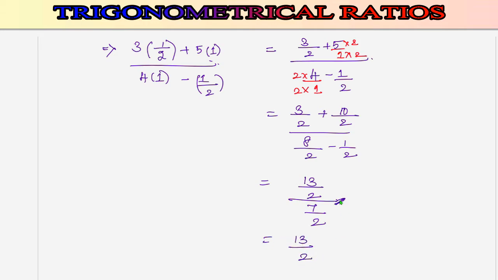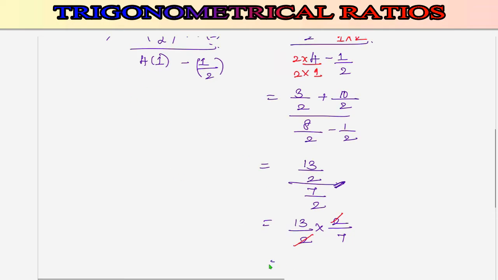Instead of this division, I am going to make it as multiplication, so we need to take the reciprocal of the denominator, which is 2 by 7. Here this 2 will get cancelled, so we are left with 13 divided by 7.